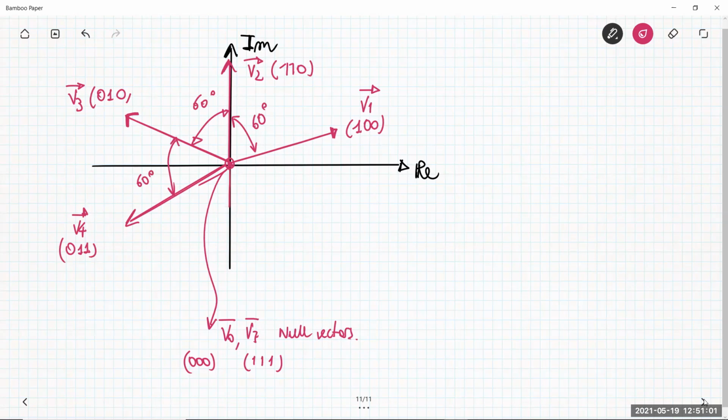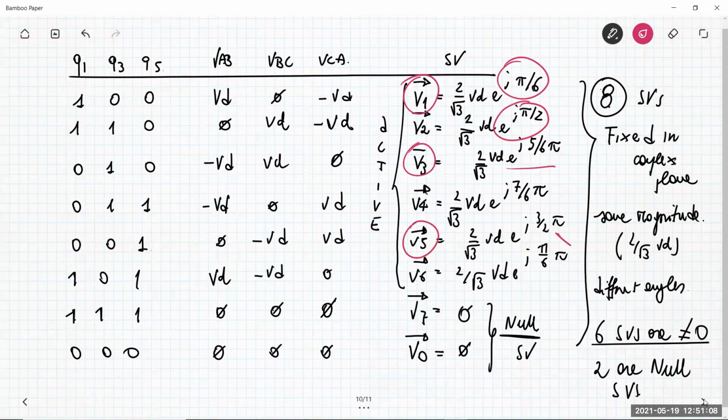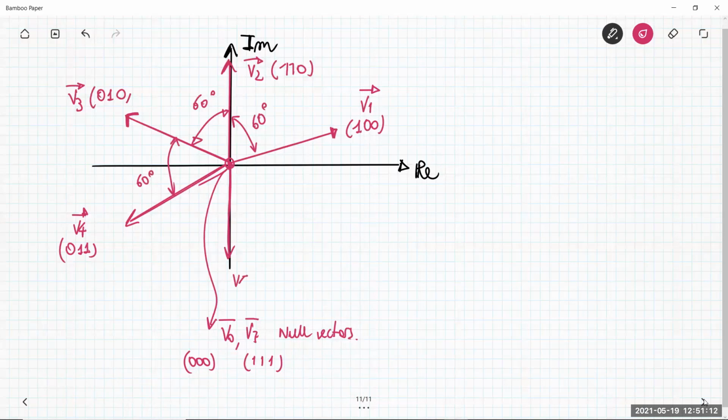Then you have V5. V5 is exactly 270 degrees. This is the 0, 0, 1 switching word. Again, you have 60 degrees from the previous one. And then you have another one here, V6, which is 1, 0, 1.